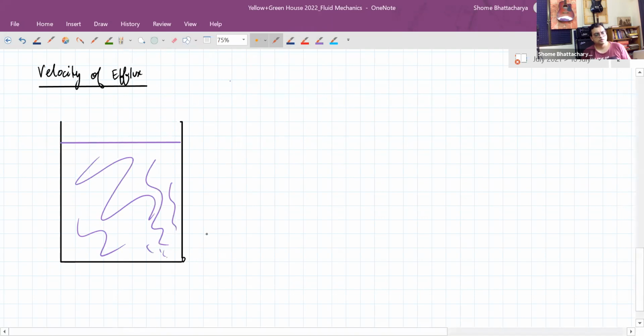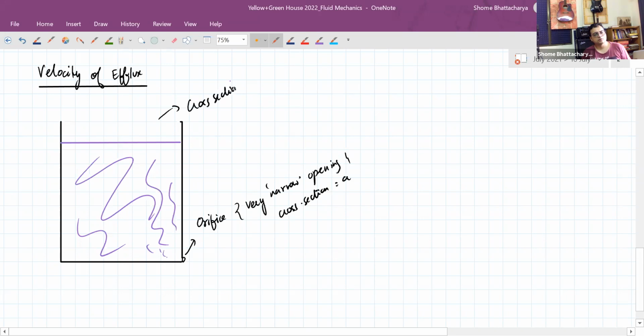So there is an orifice here, so it's a very narrow opening. Let's say its cross section is small a, whereas the tank's cross section is capital A. So small a is extremely small compared to capital A. So that kind of situation.